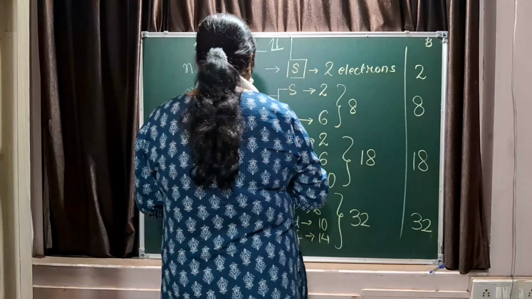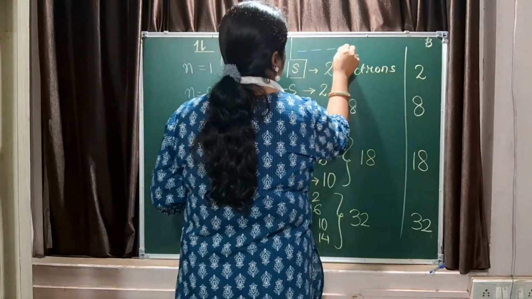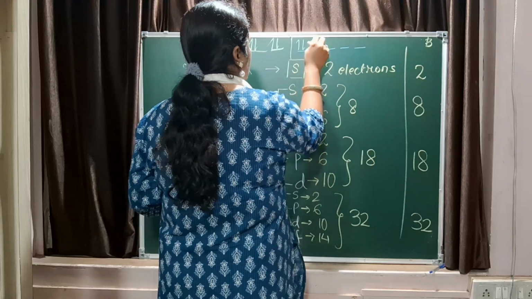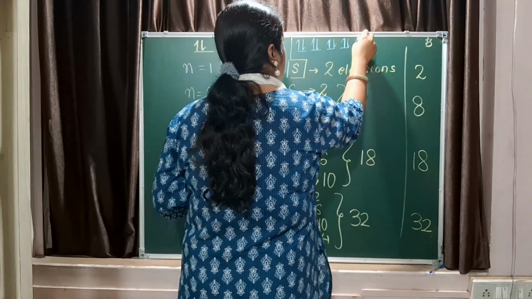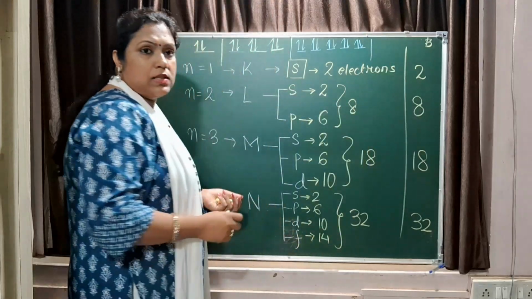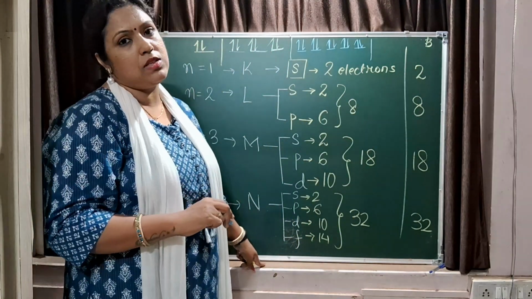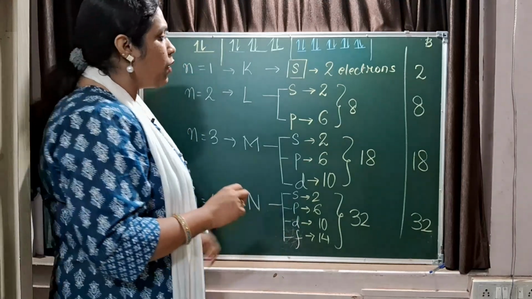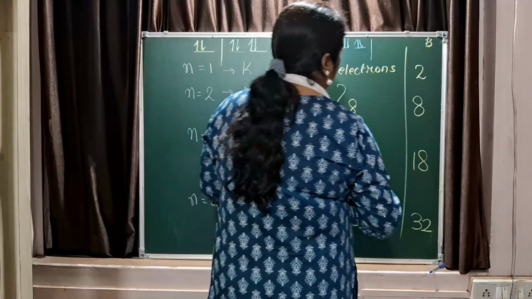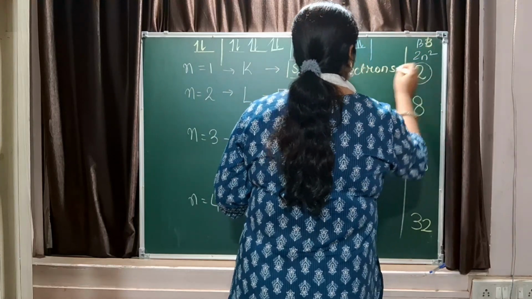D has 5 benches, 1, 2, 3, 4, 5, so 1, 2, 3, 4, 5, 6, 7, 8, 9, 10. This is how the electrons are arranged. Similarly, F has 7 benches, each accommodating 2, so there are 14 electrons. This is how we explain the capacity. Even the Bohr-Bury law gave us 2n square, which proves the same number.